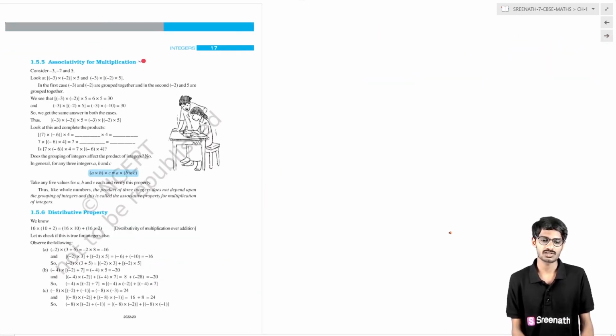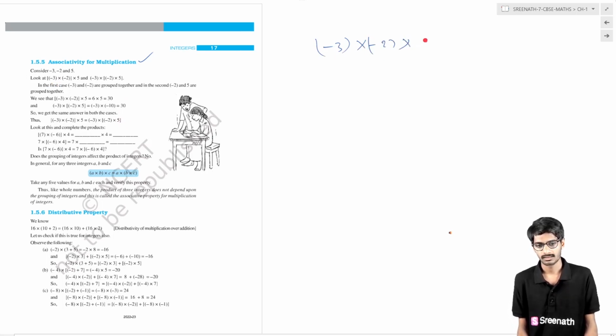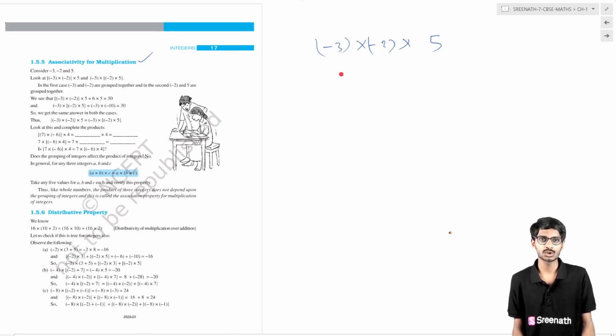Next, the associative property for multiplication. What is meant by the associative property? It is nothing but changing the brackets. For example, take minus 3 into minus 2 into plus 5. We will multiply it in two different ways.